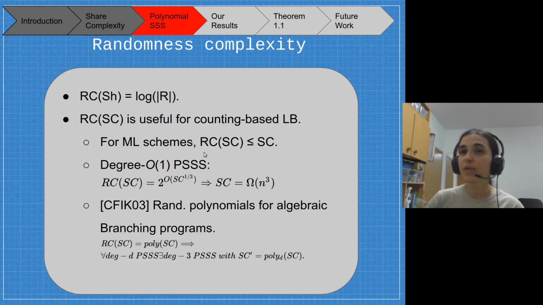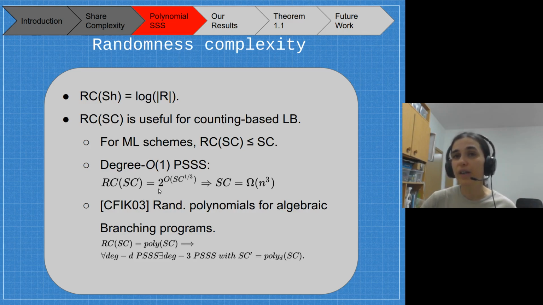One thing for which a low randomness complexity would be interesting is obtaining counting-based lower bounds. For some, say, m input variables, polynomials over some fixed finite field, there are quite few of them. So we could have pretty good lower bounds in case the randomness, which is part of the input to these share polynomials, could be upper bounded as a function of the share complexity.